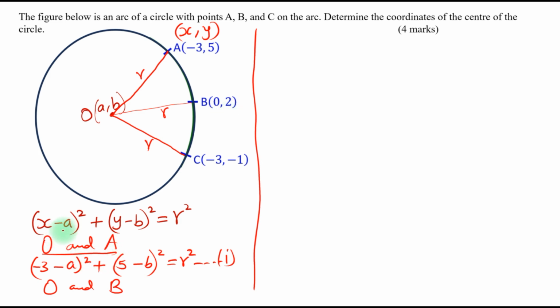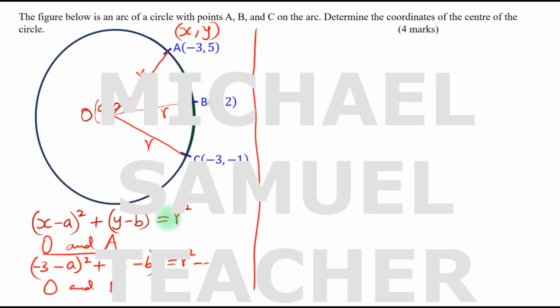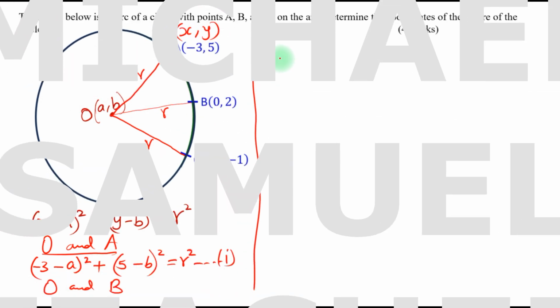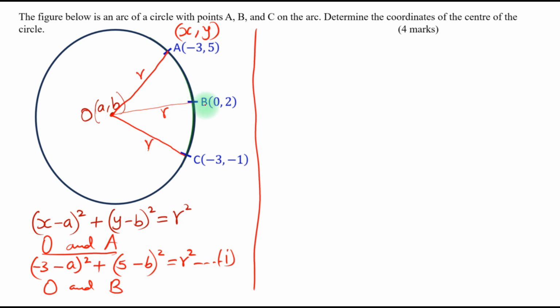We substitute into this equation, so x is 0, giving (0 minus a) squared plus (2 minus b) squared equals r squared.